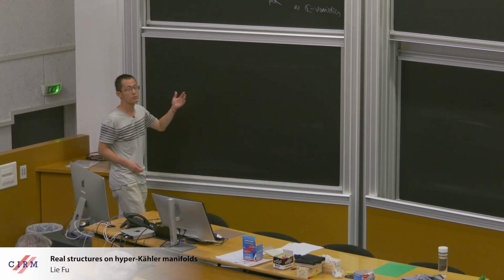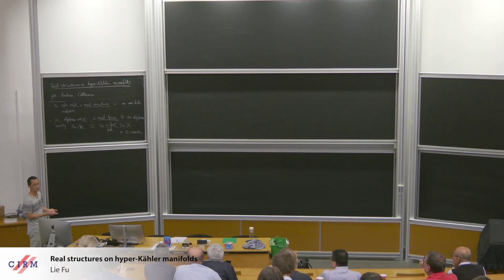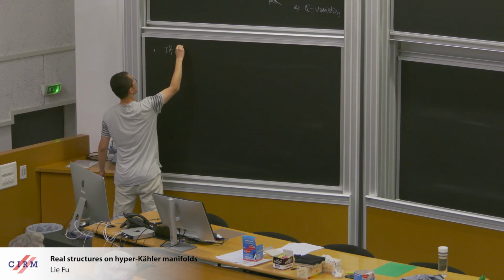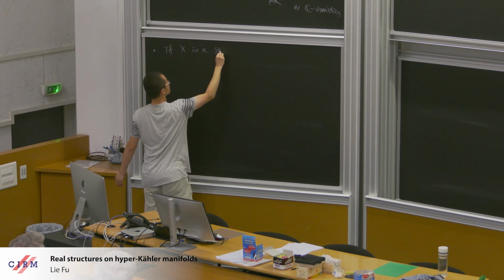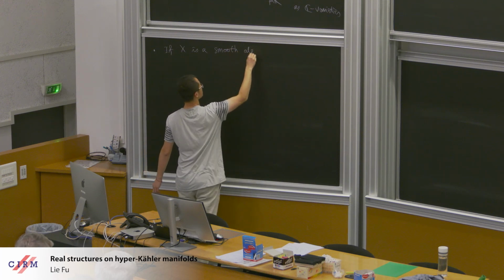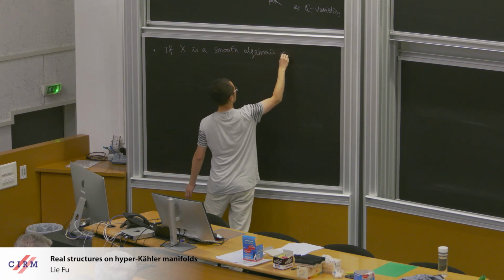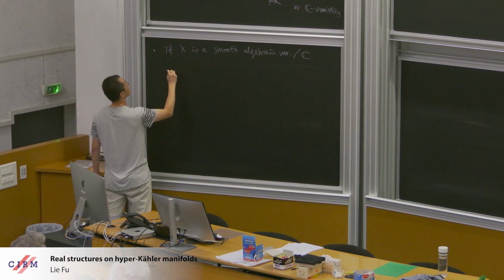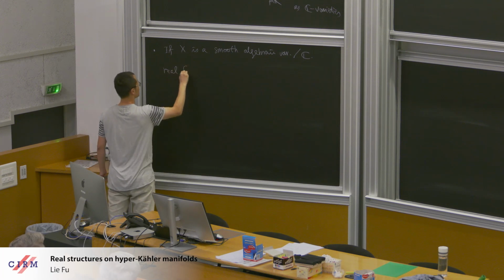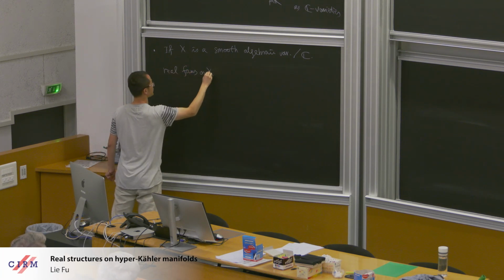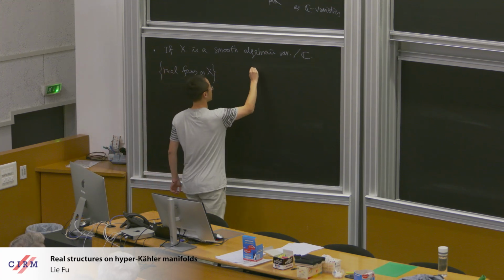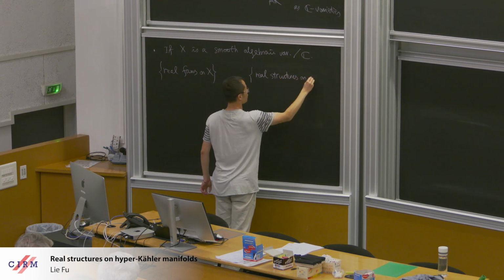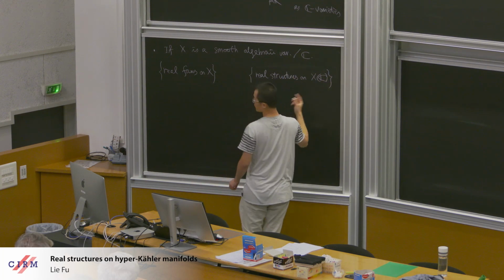And in fact, when the two notions apply, they coincide in the following sense. If X is a smooth algebraic variety defined over C, then on the one hand, we can look at the real forms of X, and on the other hand, we can look at the real structures on the complex manifold of complex points.